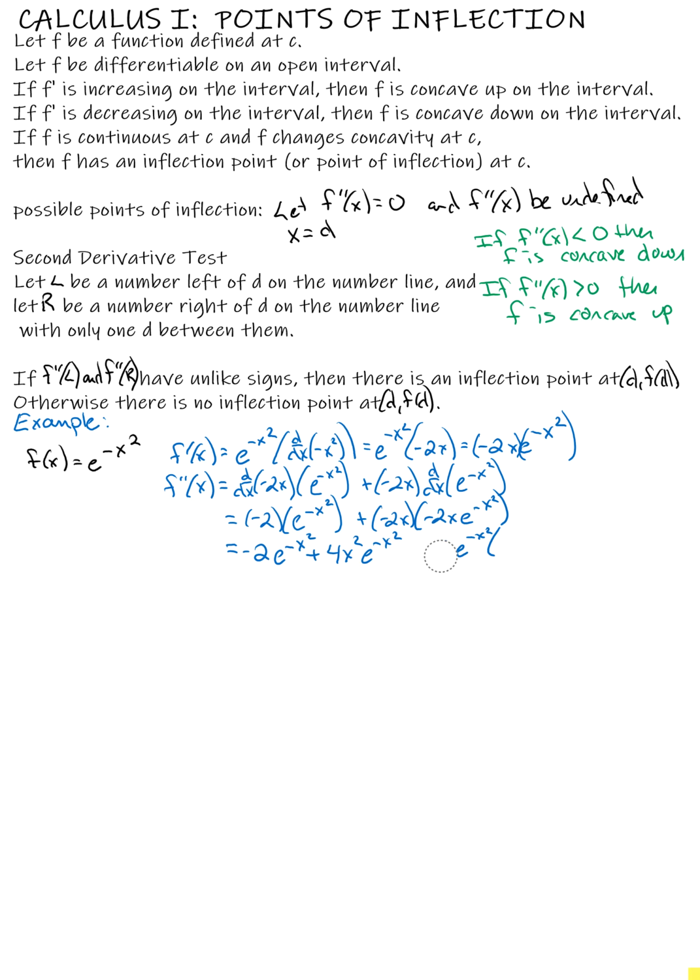It's really up to you. So if I just factor out a 2e to the negative x squared, that gives us, well, it would be negative 1 plus 2x squared, but I'm going to turn that around and write it as 2x squared minus 1. Make sure you understand that. I did commute those. Yes, I did. I turned those around. Make sure you understand that. All right. Well, now for our possibilities.